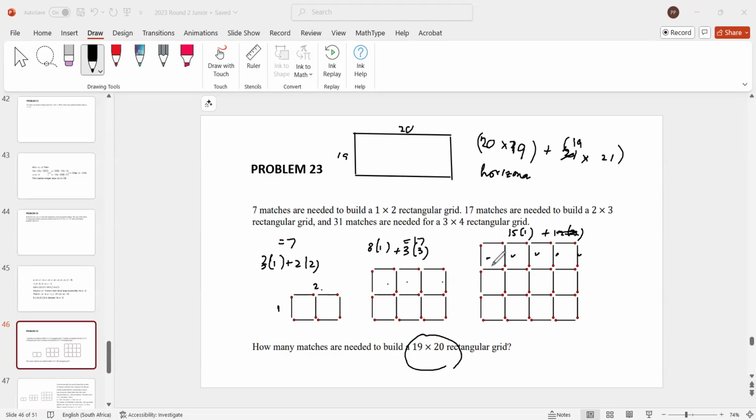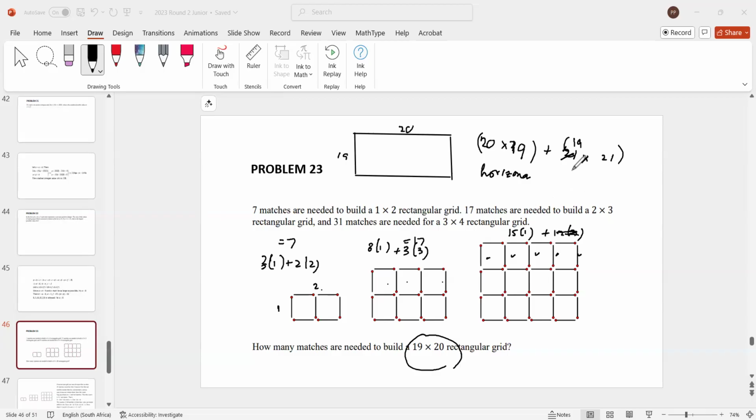So this 20 becomes 21. And you're multiplying that by 3. So it's still 3 by 5. So you've got 1, 2, 3, 4, 5. 5 times 3 is 15. So it's 21 times 19.